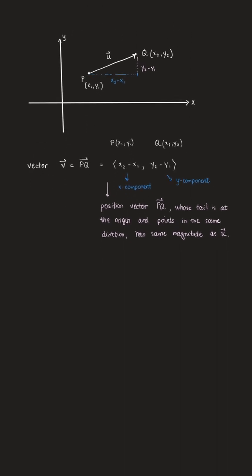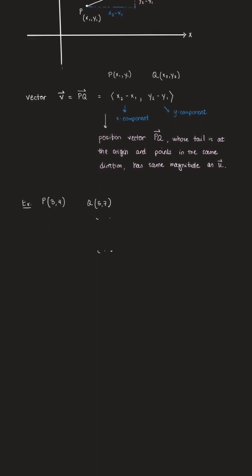Suppose that point P has coordinates 3, 4, and let's say point Q has coordinates 5, 7. Let's sketch these two points and draw the vector from P to Q. So let me do this big enough so we can all see.